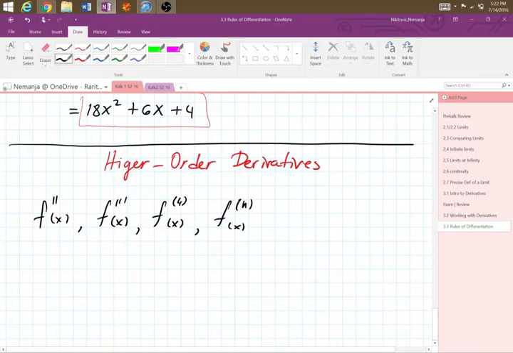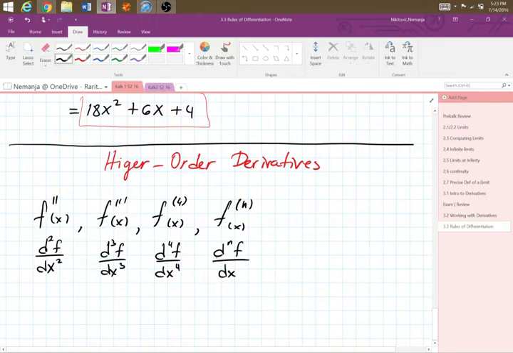Now, equivalent notations for Leibniz would be d squared f over dx squared, d cubed f over dx cubed. You can use f or y, whatever. d to the fourth f over dx to the fourth, d n f over dx to the n.